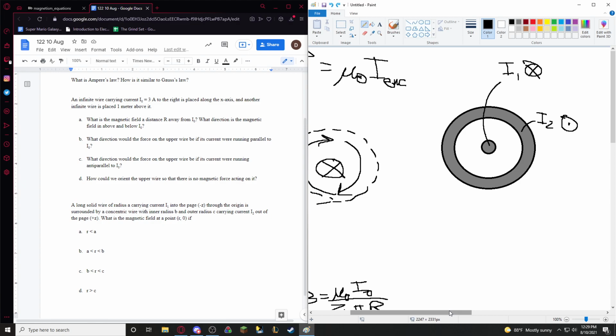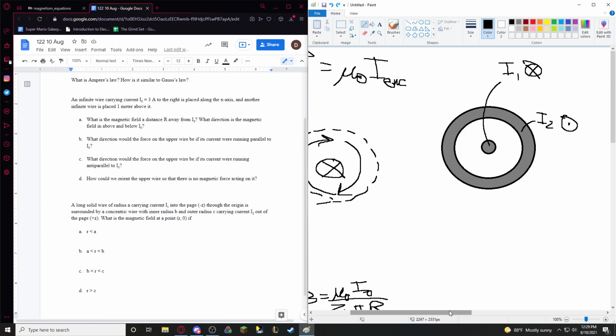What's the magnetic field generated by I2 inside? Counterclockwise, I believe. No, I'm pulling a fast one on you. It's zero. You said you only have to worry about the magnetic field generated by I1, and I'm like, oh yeah, technically I2 exists as well. It just doesn't do anything there. Yes, you're right. You only have to worry about I1 here.